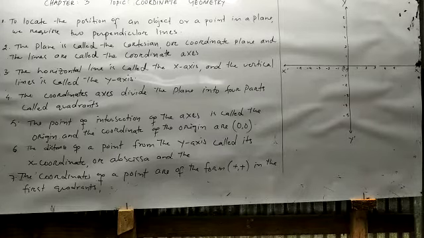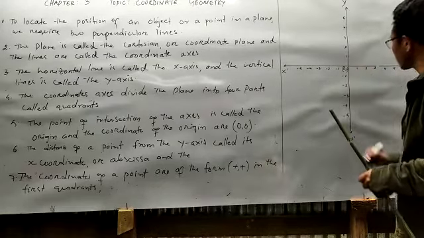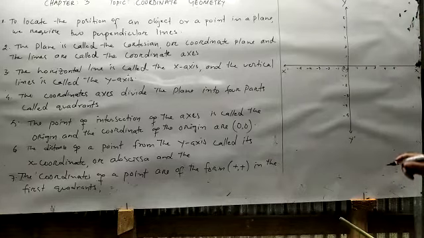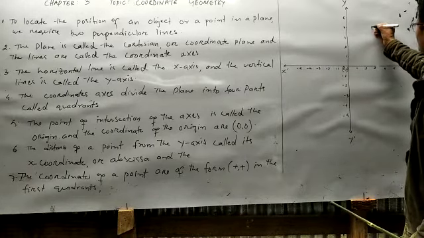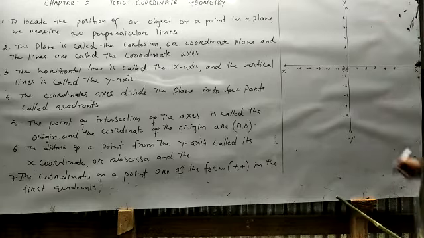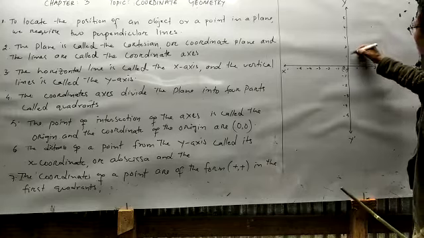Let me give one example. Let's suppose this point of origin is the location of our school, and your house is at this point, and when you measure it, it is 4 kilometers.